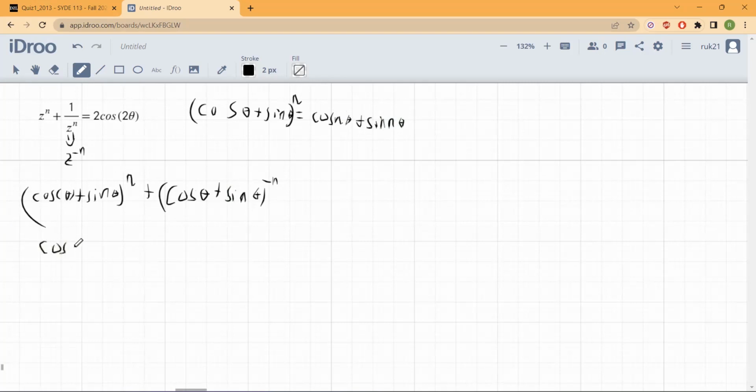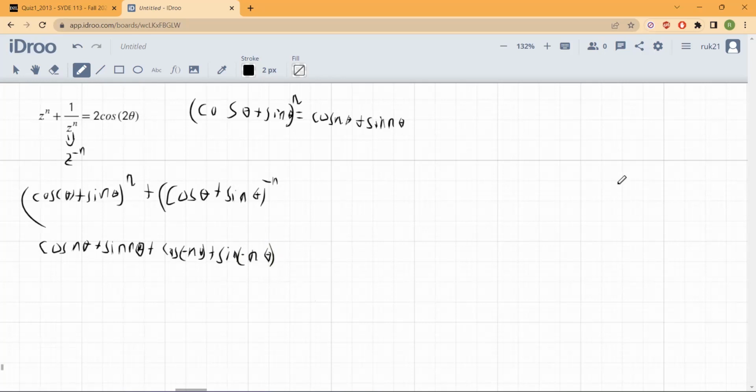So cos n theta plus i sine n theta, that's a theta, plus cosine negative n theta plus i sine negative n theta. Cool. So now what's going to happen is you really need to remember that sine is an odd function and cosine is an even function.